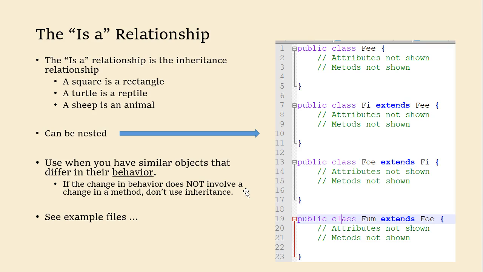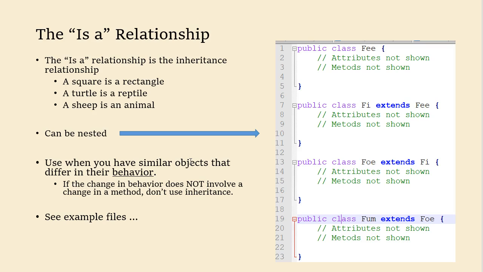Phi will inherit all of the attributes of Phi, all of the methods of Phi. Now, usually what you'll do is you'll just overwrite or change some of the methods. However, you can add additional attributes and you can add additional methods.